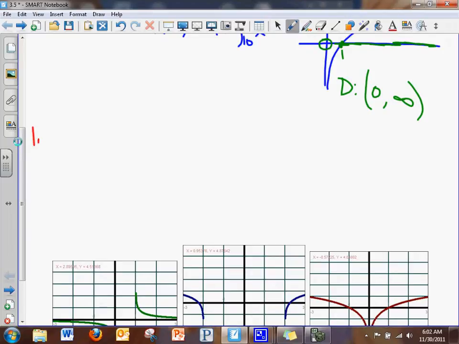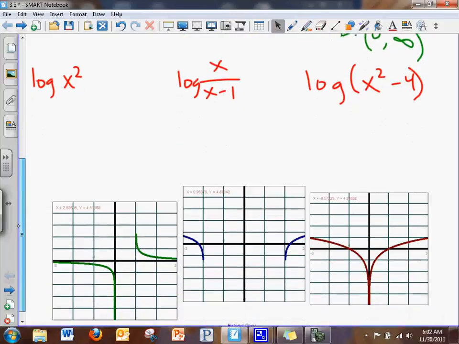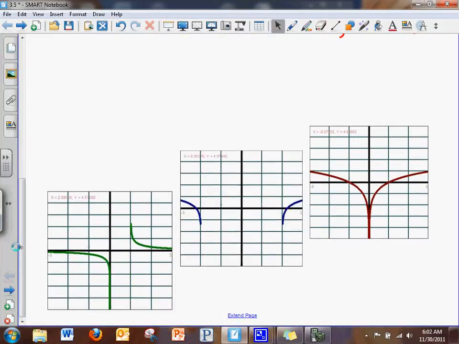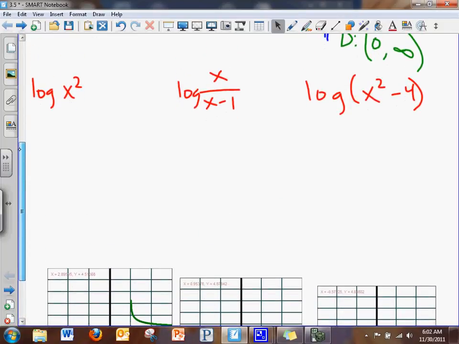I'm going to write them across the top here: log of x squared, log of x over x minus 1, and then log of x squared minus 4. I'm just changing what's inside of the log function. And then we're going to analytically or algebraically come up with the domain of each of these functions, and then based on that domain, match it to its graph.